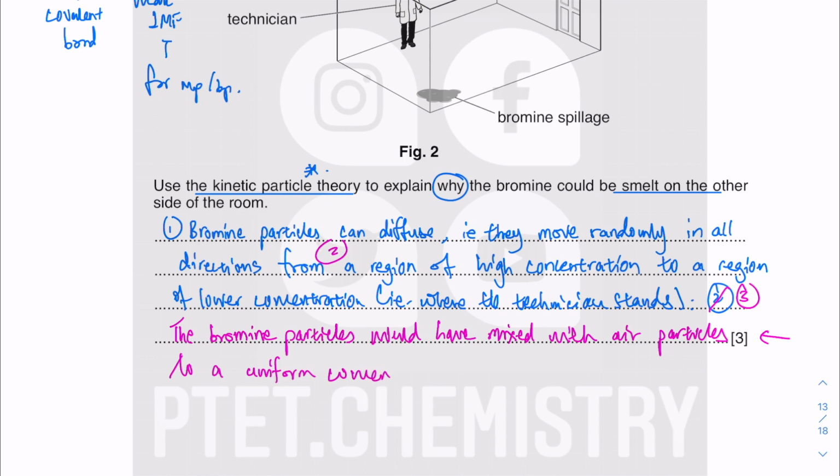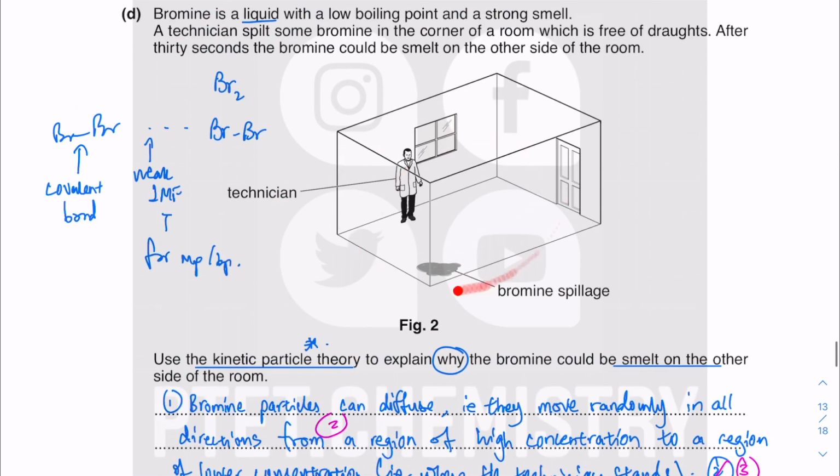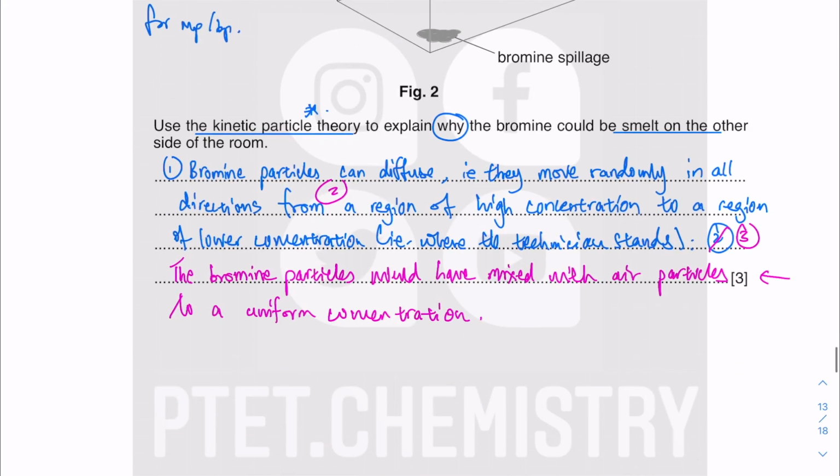As a result of moving from a region of high concentration to a region of low concentration, the bromine particles will spread themselves out evenly throughout the whole volume of the room. Hence, you can smell the bromine in any part of the room.